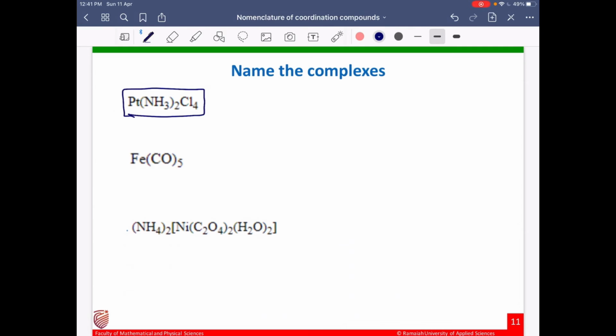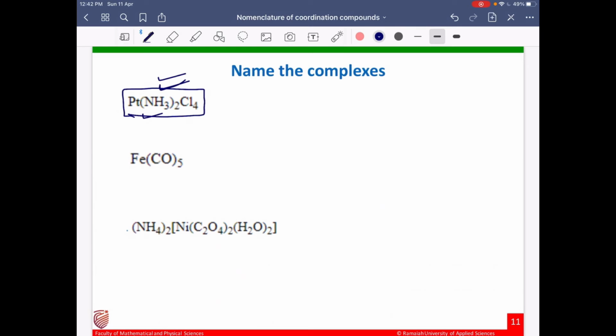There is no counter ion in the structure. It's neutral, no requirement of any counter ion. So in this kind of coordination complex, how will we name? Definitely there is no cation and anion here. So we will take this as a single entity and name this entity. There is no anion or cation. We will start the naming.